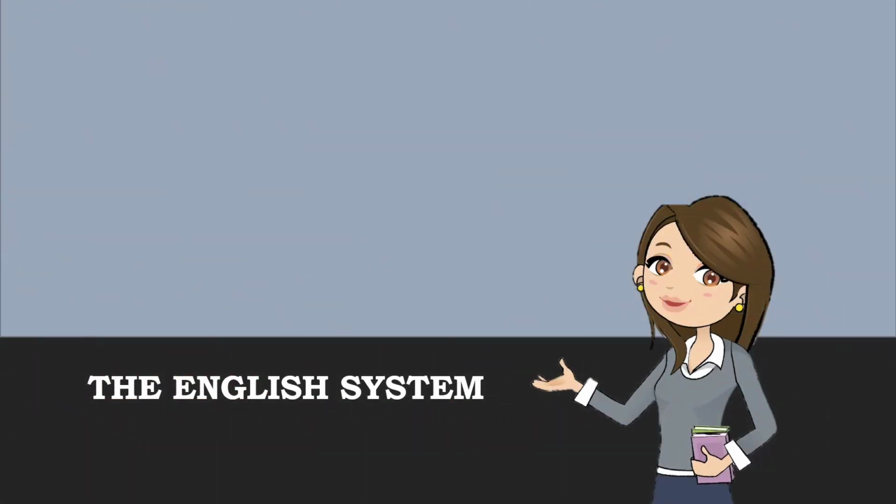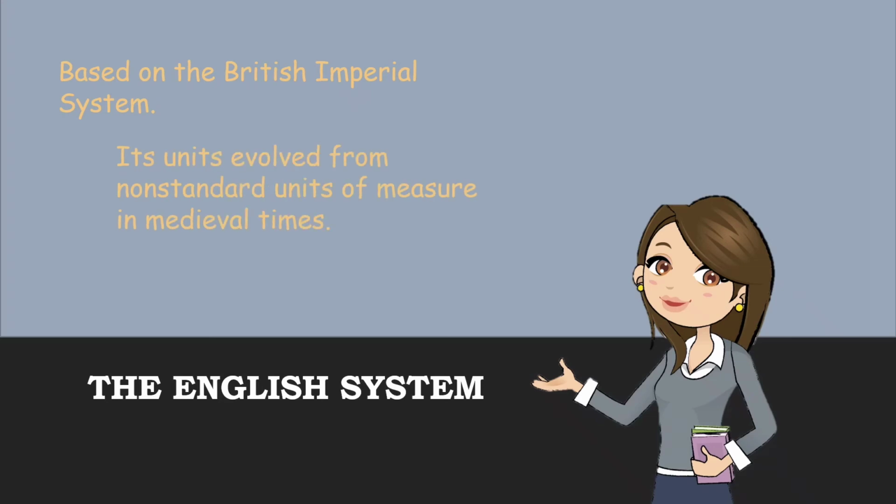So we have the English system. English system is based on the British imperial system. Its units evolved from non-standard units of measure in medieval times. So earlier, we've mentioned that during the times of our ancestors, or that medieval times, mga parte ng katawan natin ang gamit panukat.